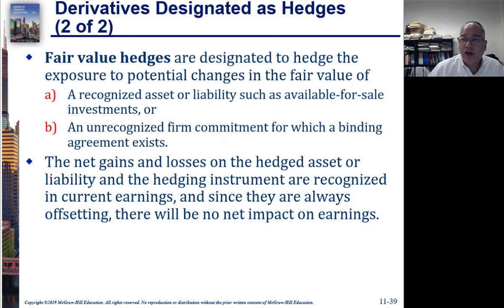When we talk about forward exchange contracts, these are usually tradable on some kind of market or exchange. But it could also be a situation where you simply, something as simple as an order to buy merchandise or to sell merchandise, an agreement to sell merchandise at a future date, at a future price, would be considered to be a firm commitment.